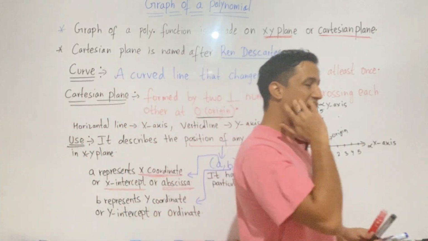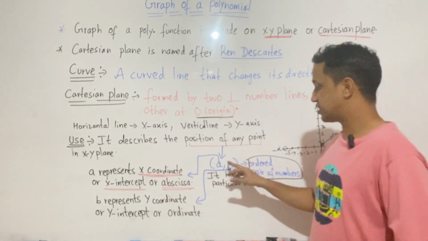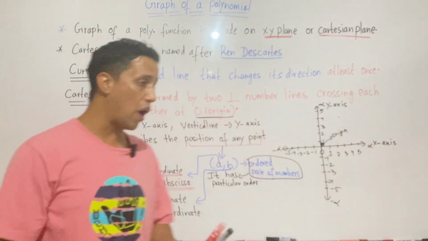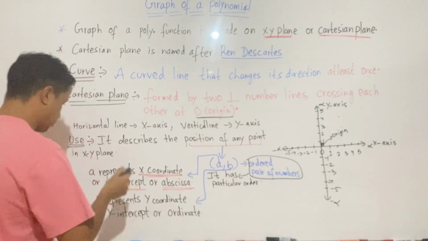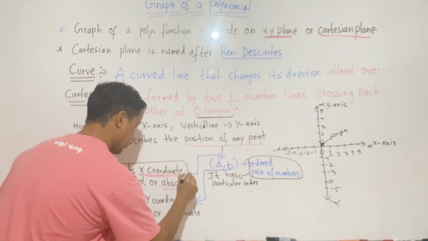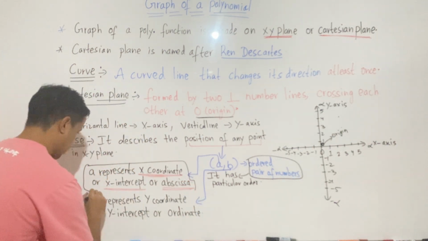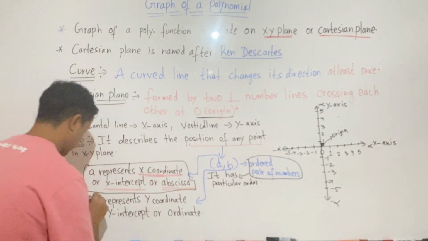So B represents your y coordinate, or y-intercept, or ordinate. So this is the meaning of x and y coordinate.